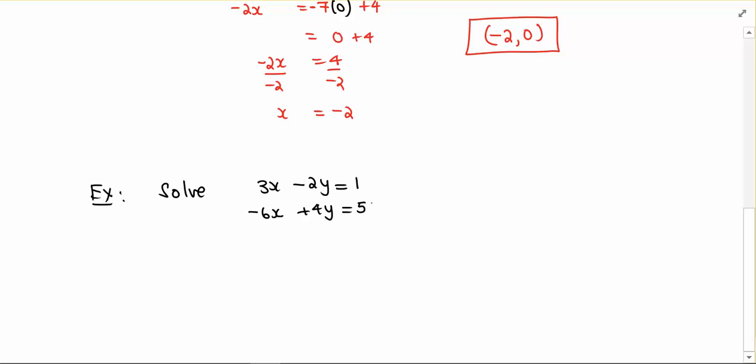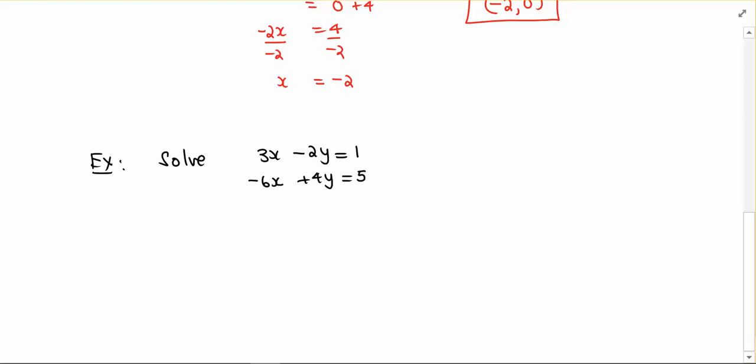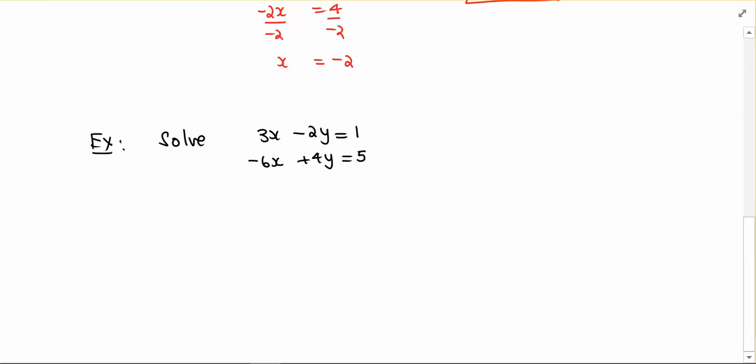So I'm going to switch to addition. I'm going to decide on one of the variables to get rid of. Doesn't matter, both seem to have a plus and a minus involved. Now let me go after the y. To go after the y means I would have to turn this into a 4, and that's easy to do. I'd multiply by 2.